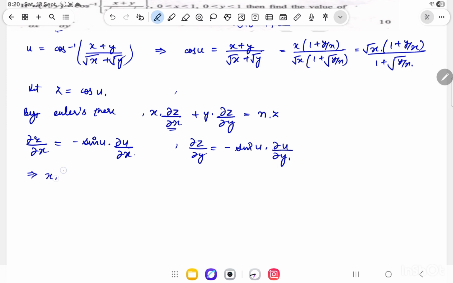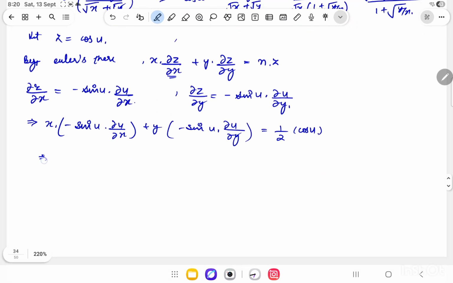So we'll get x into minus sin u into del u by del x plus y into minus sin u into del u by del y is equal to n, that is 1 by 2 into z, that is cos u. So from here I'll get x into del u by del x plus y into del u by del y is equal to cos u by 2 into minus sin u.